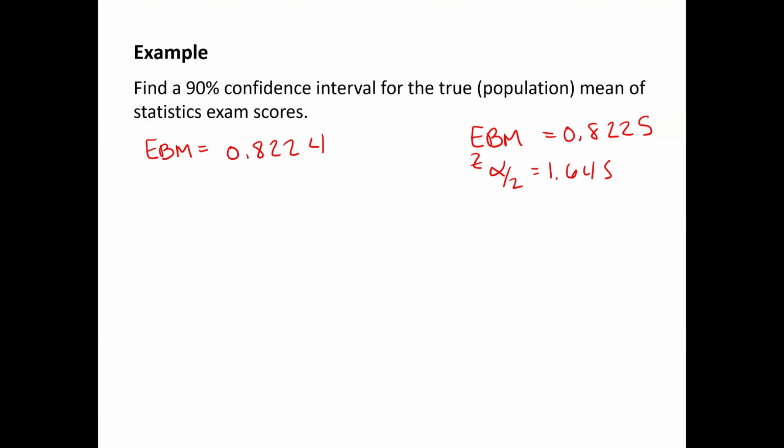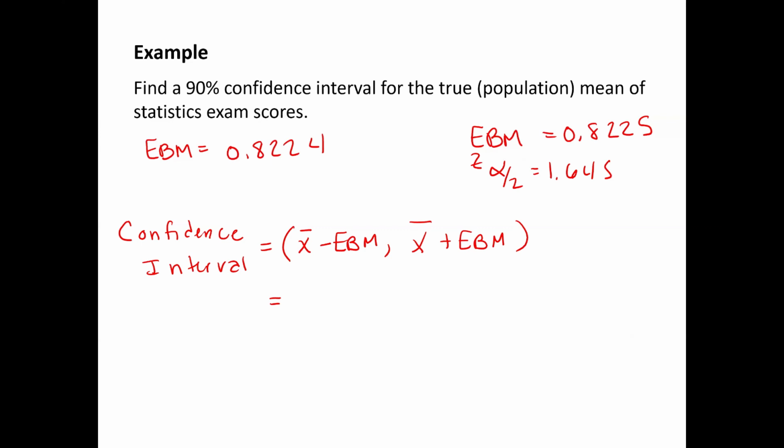Okay, so now how do we calculate the confidence interval? The confidence interval is found by taking the mean and subtracting the error bound of the mean, and taking the mean and adding the error bound of the mean.